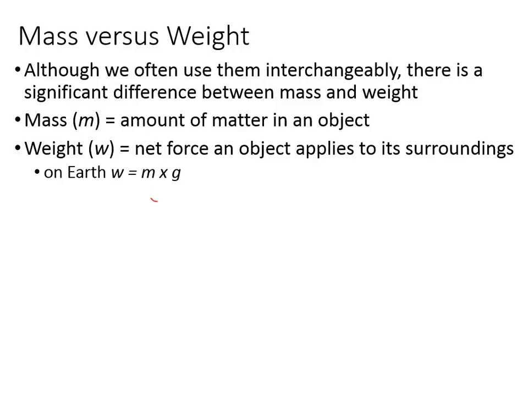So M is the mass, and g is the acceleration due to gravity, which is 10 meters per second, for every second something falls. So it's 10 meters per second squared. So there you go. That's the weight.